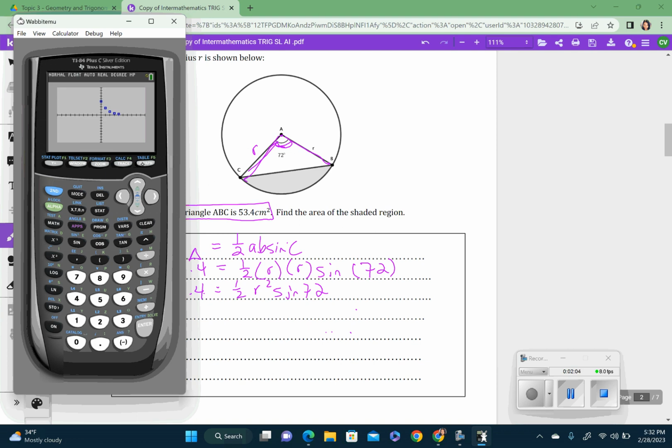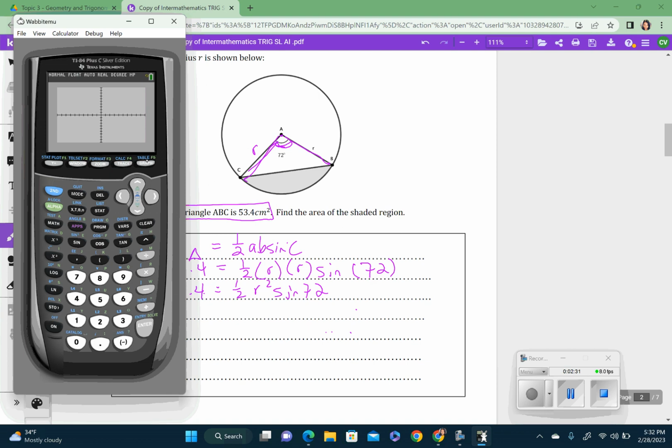Ignore those little plots. Now 53.4 is way up here, all the way up there on the top. And I see that my 1/2 R squared sine 72 is going to look something like that. Now I want to see where these two meet. Let me go to my plot and turn that off. Now I should be able to actually see the quadratic.